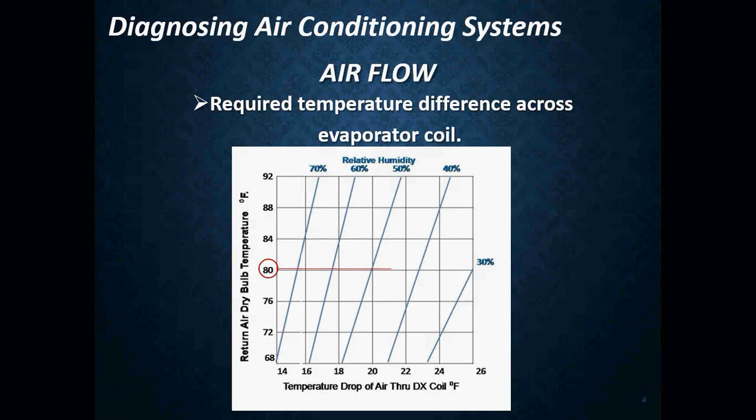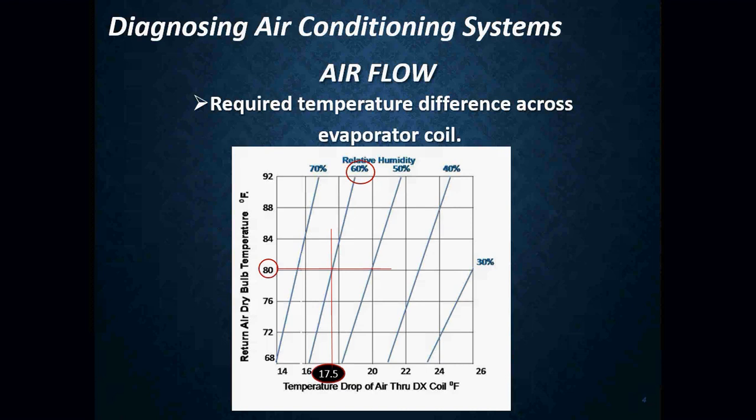So really, to understand how to use this chart, the first thing we got to do is know what the return air temperature is. So for example, this house is 80 degrees. Next thing is we got to figure out what the relative humidity is. In this case, we used our psychrometer, and we found out that we have a 60% relative humidity in the space.